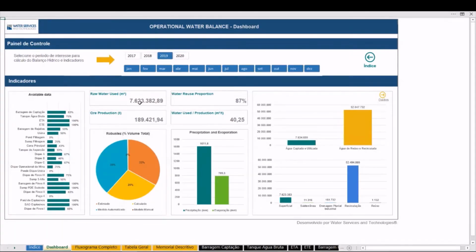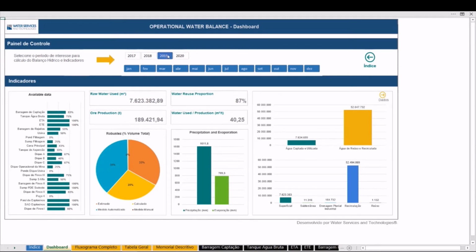For example, from all this water that was used, 87% was reused. So in this mining company, we have a lot of water reuse. And here we have an indicator of water used per production. For example, we have 40 cubic meters of water per ton of our production.